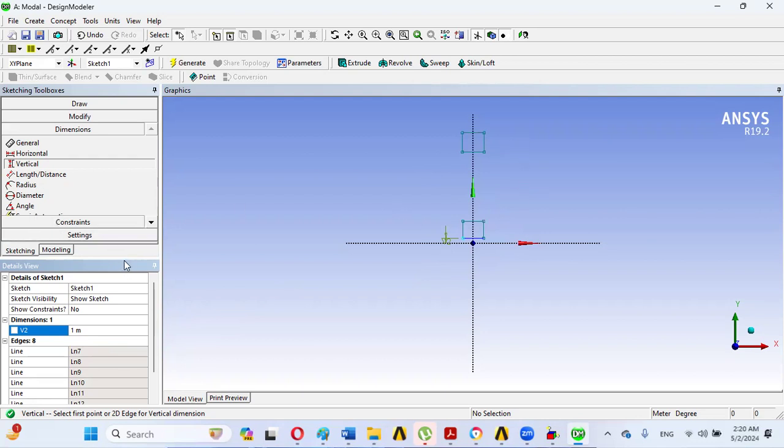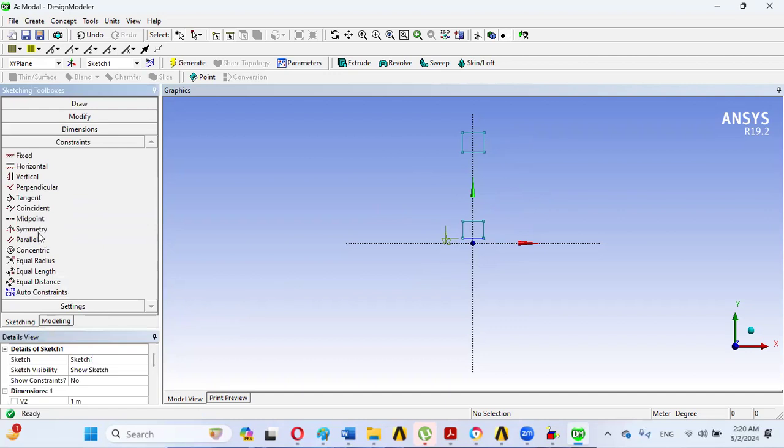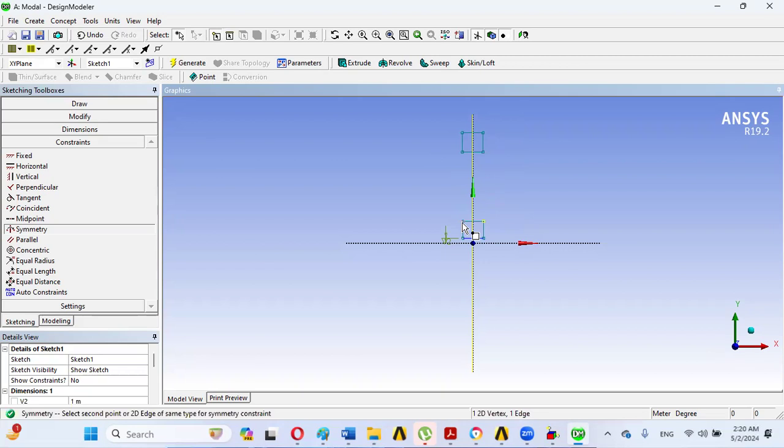We can use some symmetries: click on constraint and make a symmetry, so that these rectangles are symmetric about the vertical axis. Click on the y-axis, then click on this point and this point, so this rectangle has been made symmetric. In a similar manner, click on this point and this point, so this rectangle is also symmetric.